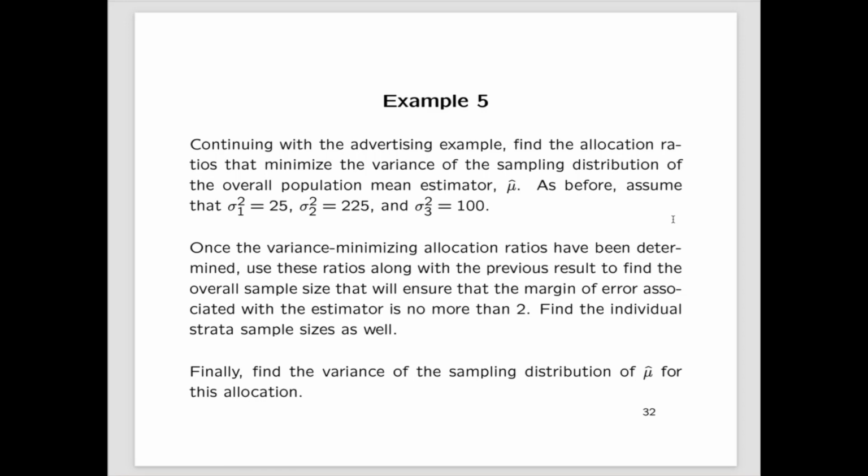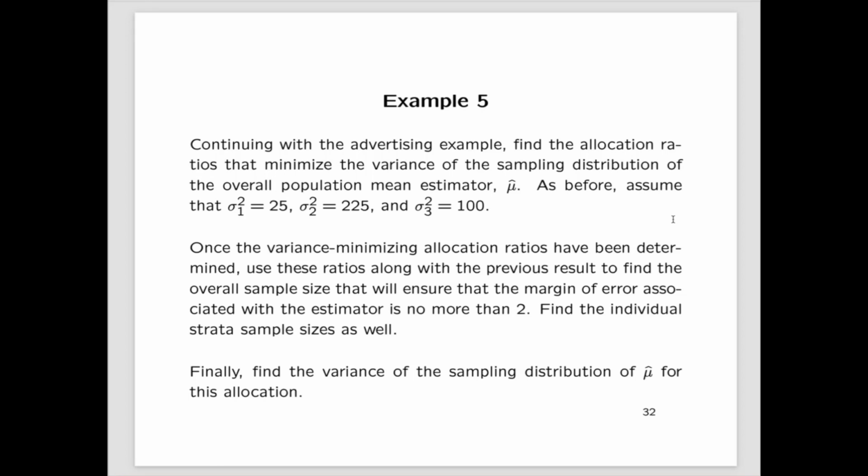Continuing with this advertising example, find the allocation ratios that minimize the variance of the sampling distribution of the overall population mean estimator mu hat. As before, assume that sigma 1 squared is 25, sigma 2 squared is 225, and sigma 3 squared is 100.